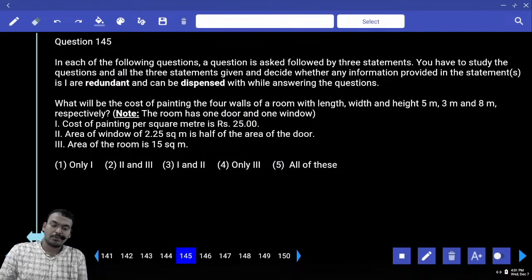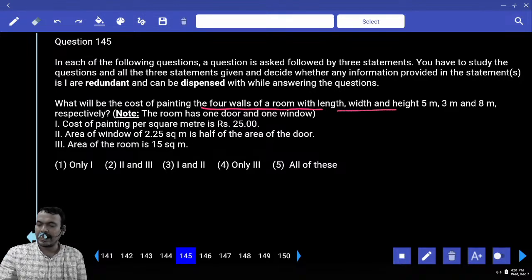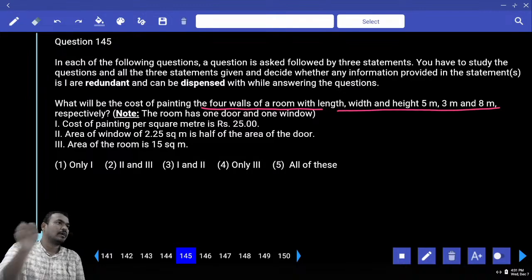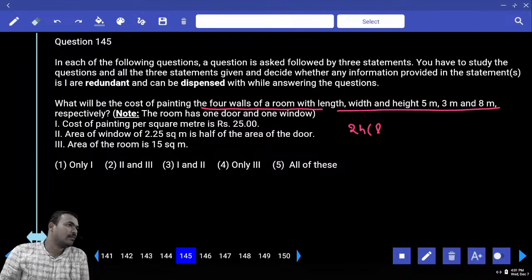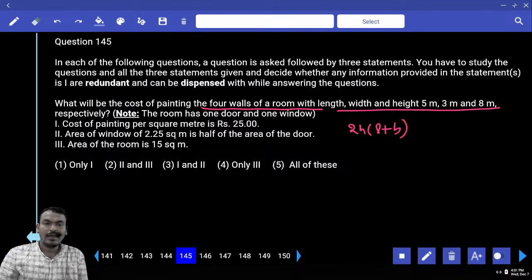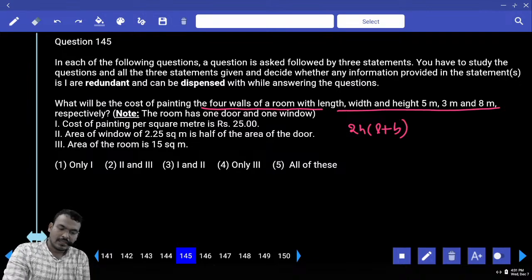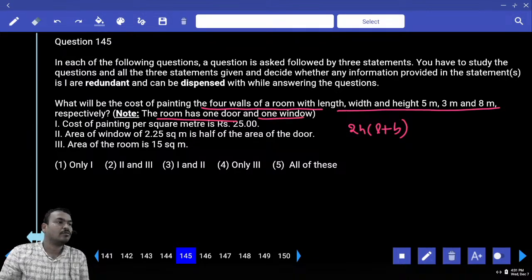What will be the cost of the painting? Cost of the painting means total area times the per square meter cost, or not? Cost of painting the 4 walls of a room with length, width and height given as 5 meters, 3 meters and 8 meters. What is the area of the 4 walls of a room? 2h into L plus B. The room has one door and one window.